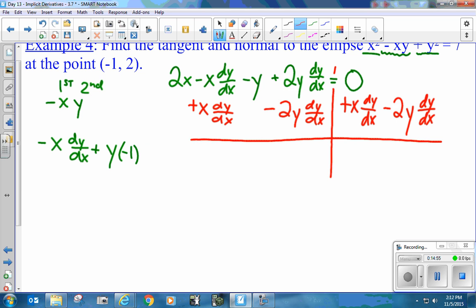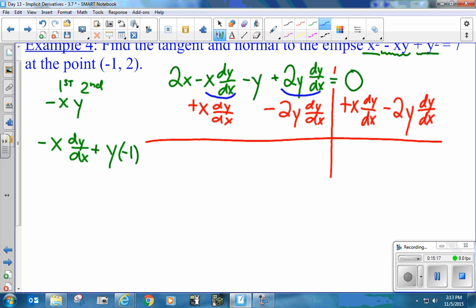What did I lose? I'm just trying to get them alone. We need to get these dy dx's alone. So I've got to get anything with a dy dx on one side by themselves. Because once I do that, I can factor it out and put everything back over. That's the whole key.